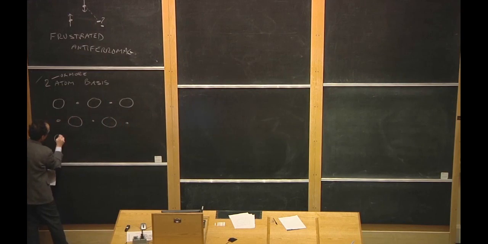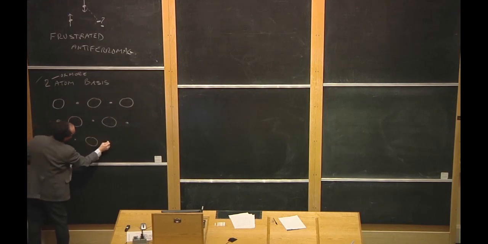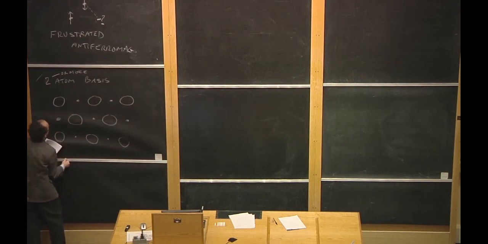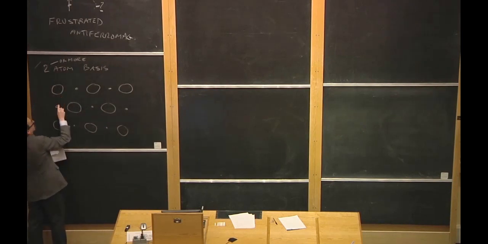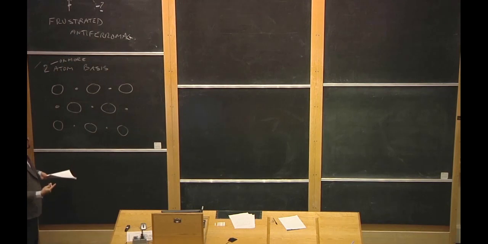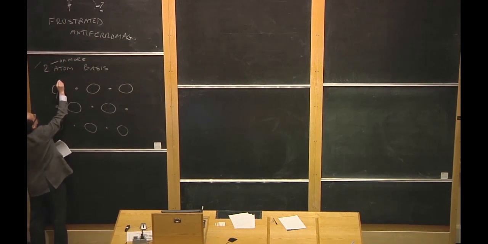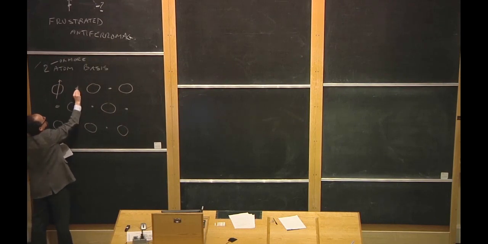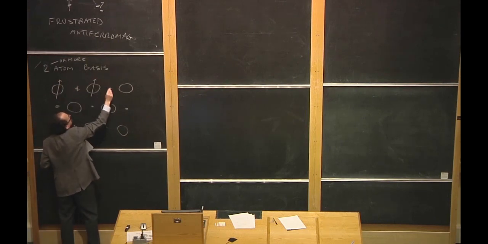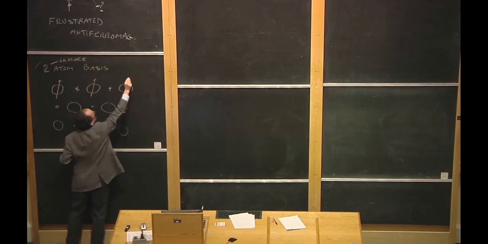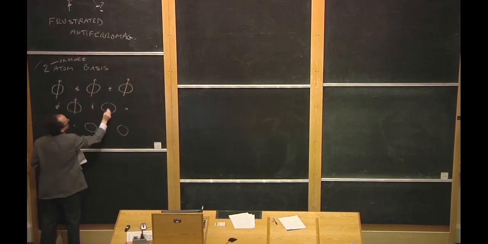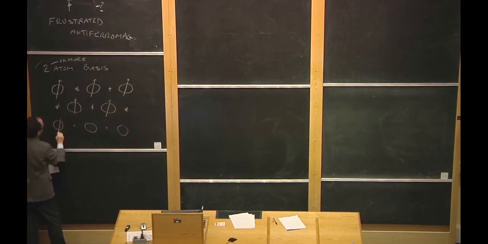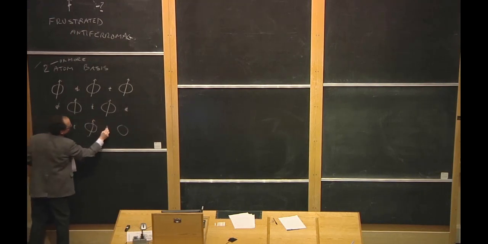So here's a 2-atom basis. Now imagine that we have antiferromagnetic coupling where the neighboring atoms want to point their spins in opposite directions. So the big atom, say, points up, then the small atom points down, big atom points up, small atom points down, big atom points up. Okay, we can keep going here. You get the idea. Up, down, up, down, up.